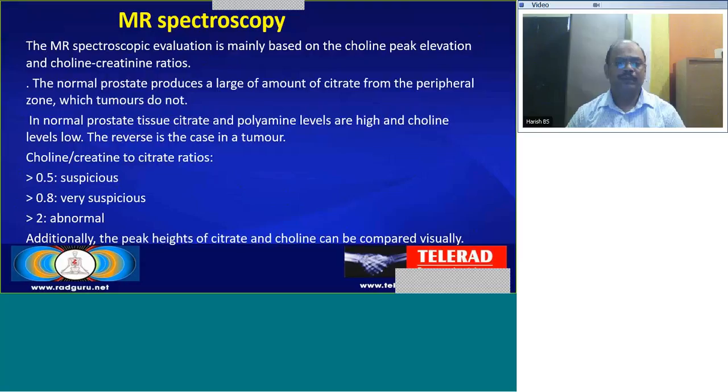The reverse is true in cases of tumor. So the choline creatinine to citrate ratios are as follows: greater than 0.05 is suspicious, greater than 0.8 is very suspicious, and greater than 2 is definitely abnormal. Additionally, the peak heights of citrate and choline can be compared visually.